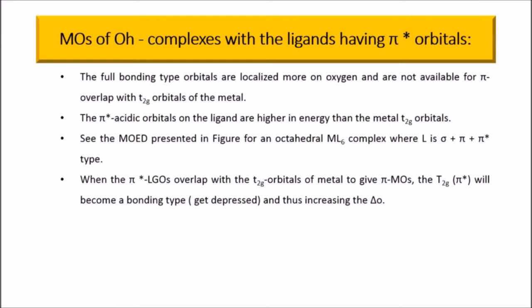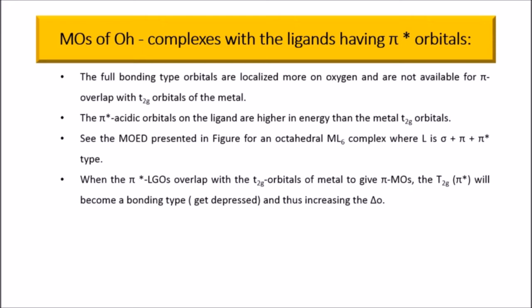We learned that in sigma donation the splitting energy is fair enough, while in a pi donation interaction, t2g is shifted towards antibonding, so the splitting energy gets decreased. While in sigma donation, pi donation, and pi acceptance, you can see the splitting energy is going to be higher and higher.